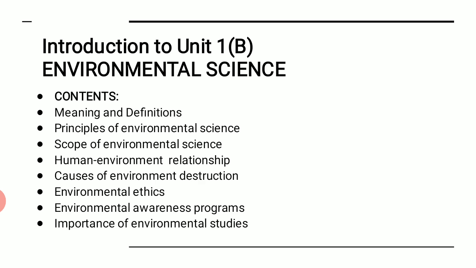That means in all we will be learning 8 different parts, and you have to keep that in mind. Right now we have completed unit number 1 part A, and today we are going to start with environmental science, the subject itself, and discuss its various aspects, which we call unit number 1 part B.